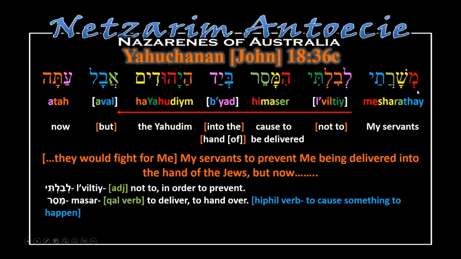And then we have in this part C, Mem, Shin, Resh, Tav, Yod, Lamed, Bet, Lamed, Tav, Yod, Hey, Mem, Samek, Resh, Bet, Yod, Dalet, Hey, Yod, Hey, Vav, Dalet, Yod, Mem, Sofit, Aleph, Bet, Lamed, Ayin, Tav, Hey. And we read it.